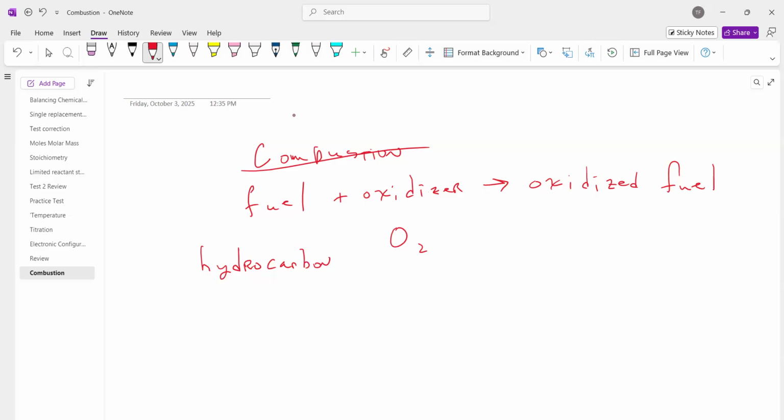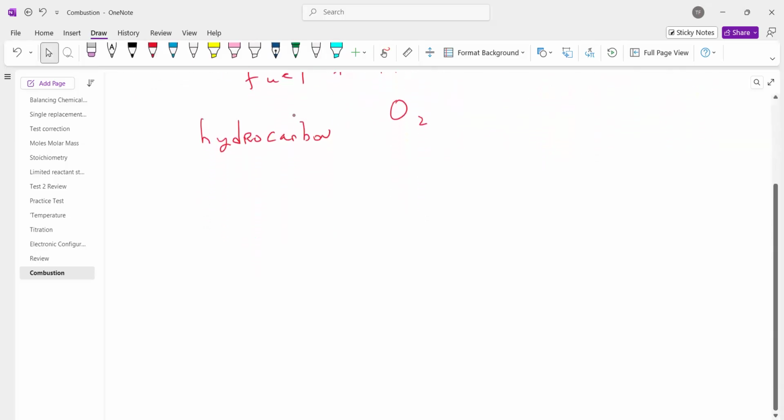Okay, so I'm going to continue with this page. It seems to behave a little better. Let's do another problem here. Now we're going to continue with methane, so we don't have to worry about balancing another equation.